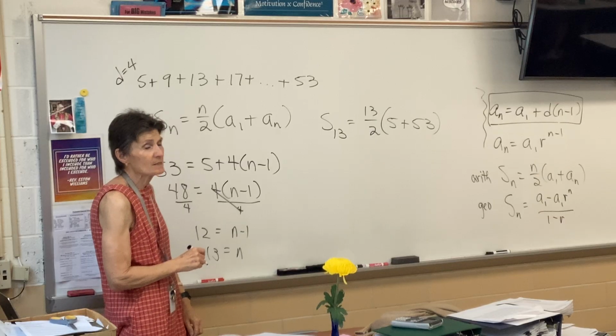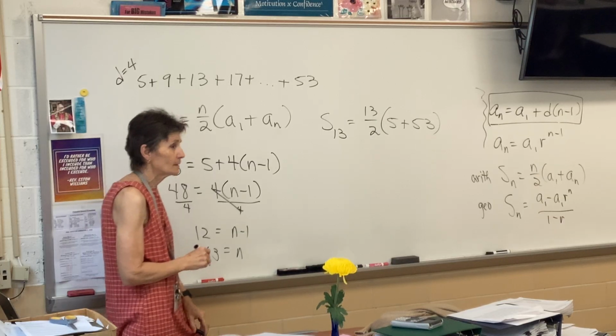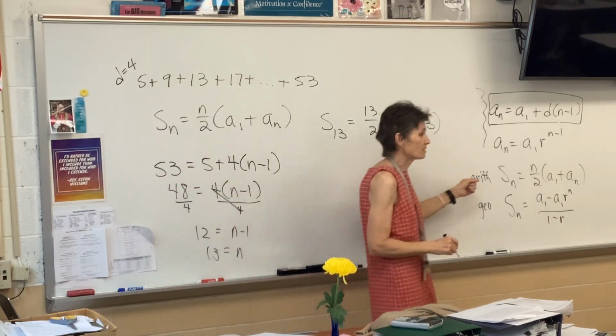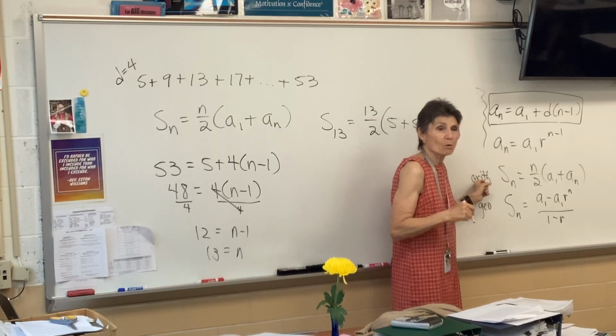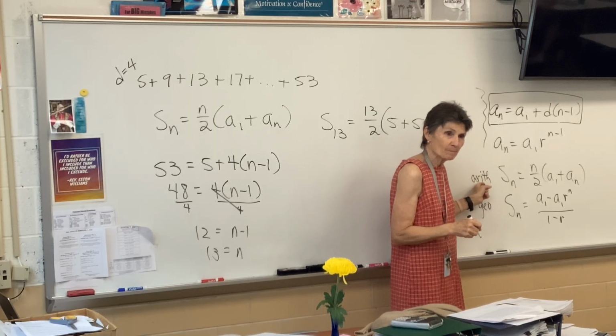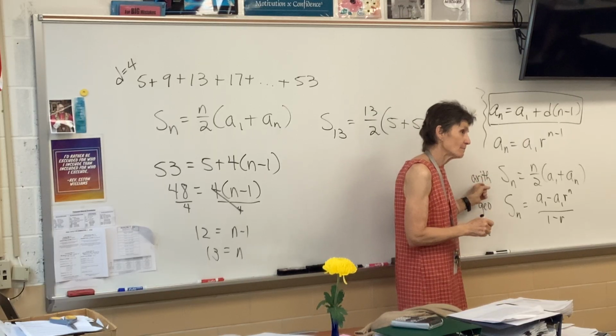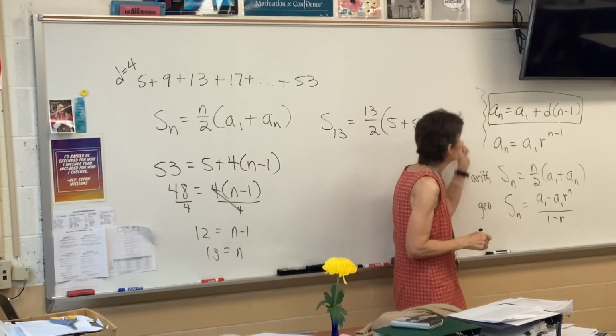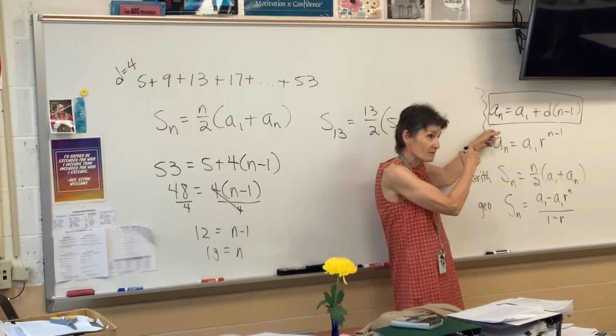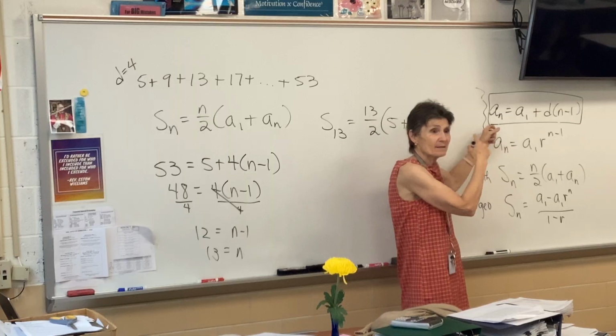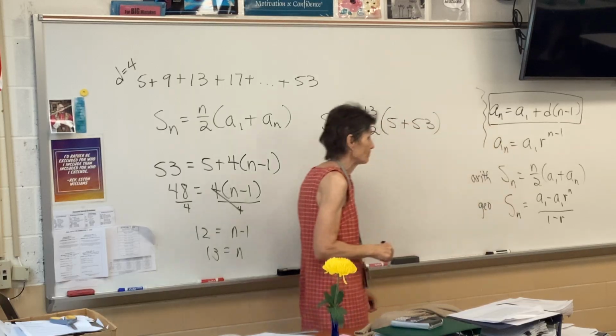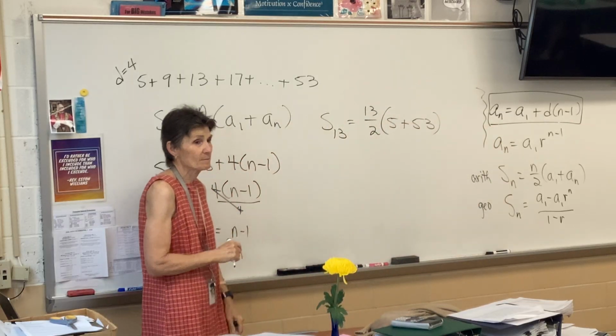This happens a lot, unfortunately. You want to use this formula, but you don't have the right information. And when you don't have the right information for this formula, you got to go back and do something with that one, and then that one will give you what you need. Those are often two-step problems, very often.